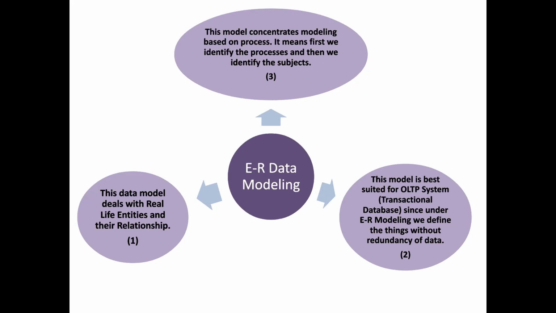So you have to identify with the business user what type of restriction they have. If they say money is the restriction, then you have to compromise at the flexibility level. If they say money is not a problem, time is also not a problem, but I need a very flexible system which can support my process for the next 15, 20, 30 years without much change, not a drastic change, then you have to design in a very flexible way.